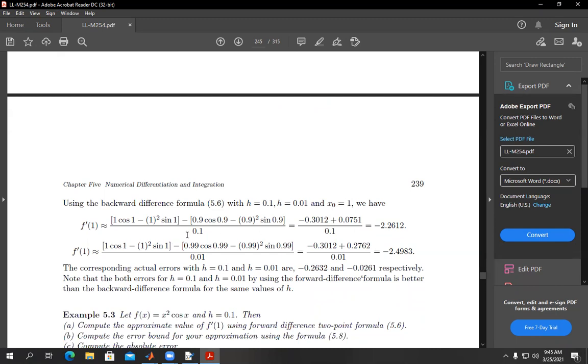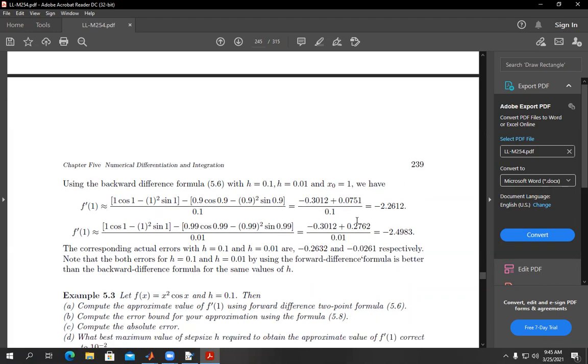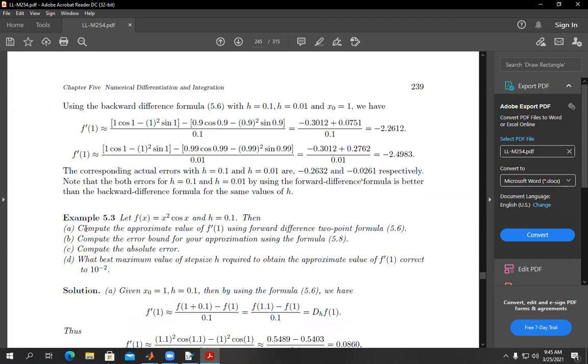I also solved this with the backward difference formula. There is no need for that, but I solved the backward difference formula also. Next time, inshallah, we do example number 5.3 for the 2-point formula. For the 2-point formula, the good examples are 5.1 and 5.3.